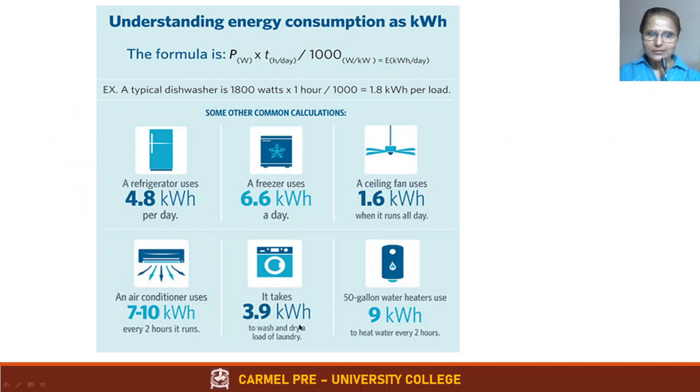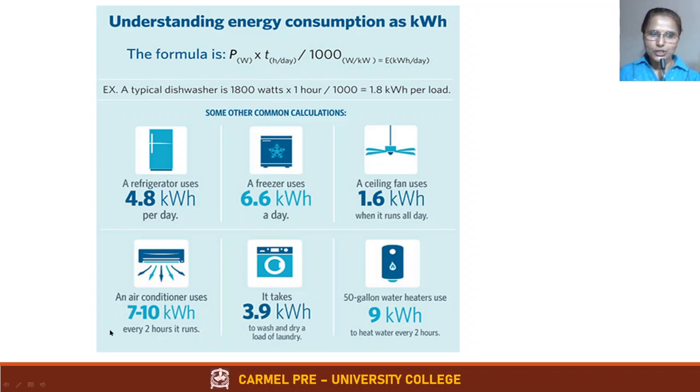This is generally how many units each device consumes. For example, a refrigerator uses 4.8 kilowatt hour per day, that is 4.8 units, whereas a freezer uses 6.6 units per day, and a ceiling fan uses 1.6 units when it runs all day.